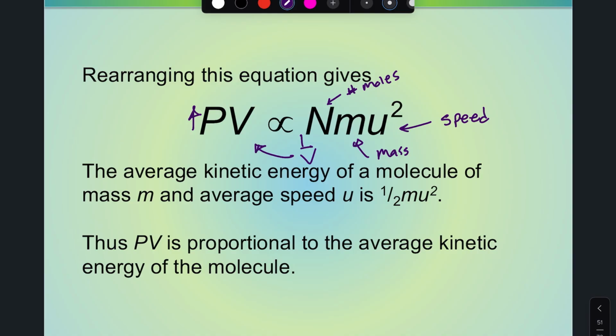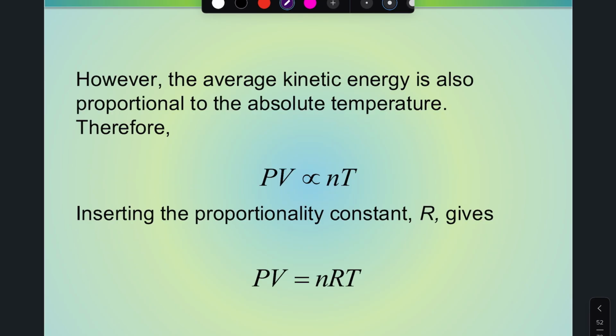The average kinetic energy of a molecule of mass m and average speed u is 1/2 of m times u squared. Thus, we have proportionality between pressure and volume according to the average kinetic energy of the molecule.